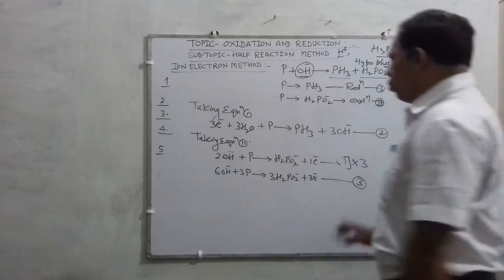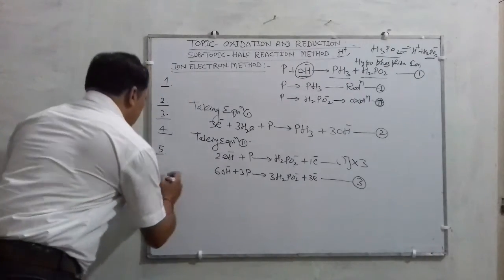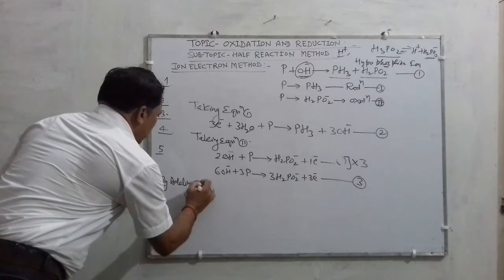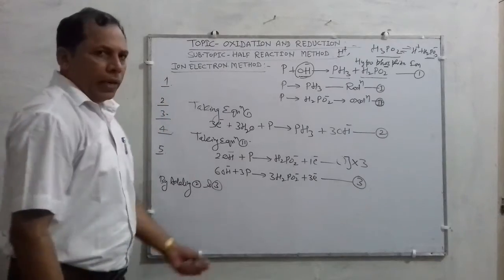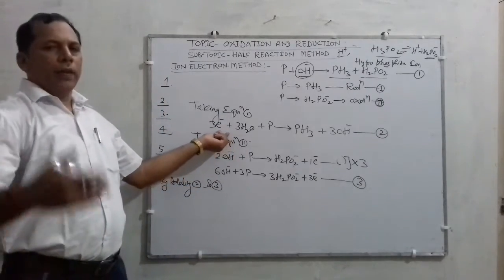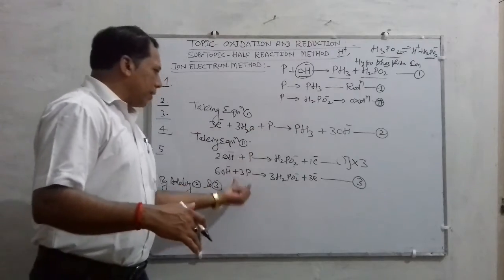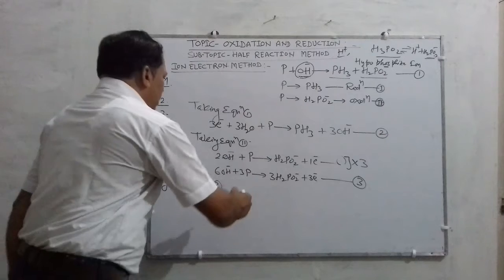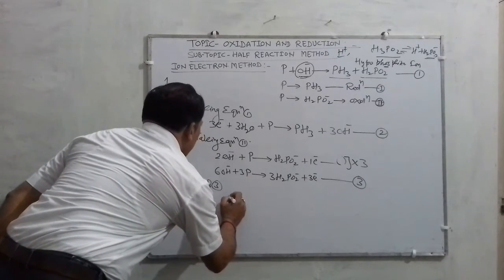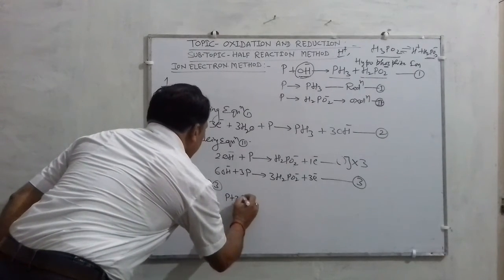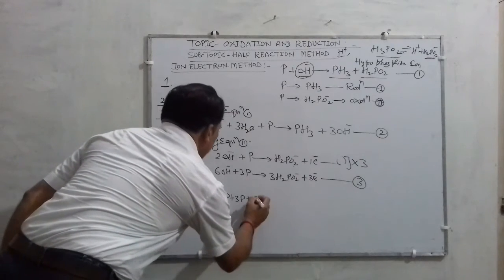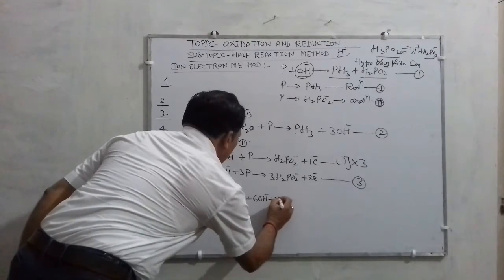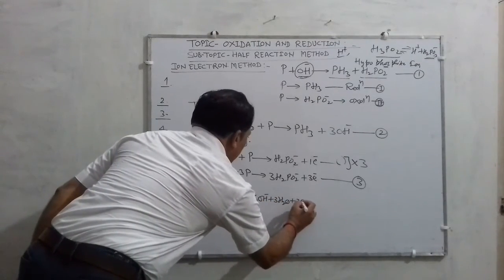So by adding these two half reactions, by adding equations 2 and 3, what will you get? The process of addition is very simple: reactants should be written on the reactant side, and products on the product side. So adding, that is P plus 3P plus 6OH minus plus 3H2O plus 3e minus.